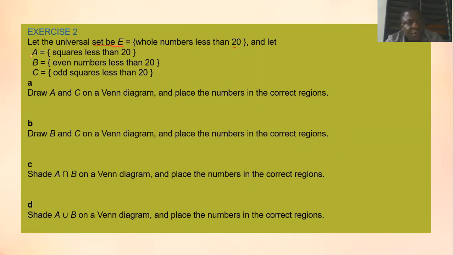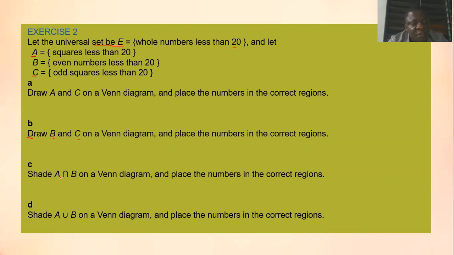Then you are considering only A and C for question 1. When you come to question B, you are considering B and C as the only subsets to be illustrated on that Venn diagram. Then question C says, shade A intersection B on a Venn diagram.